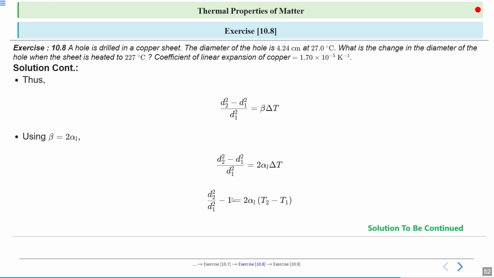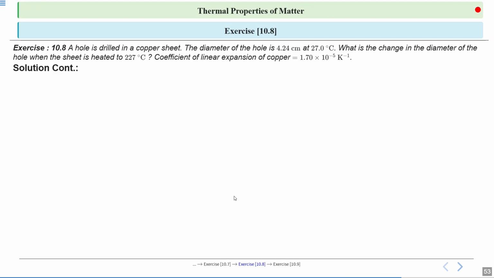So solving for D2, D2 square divided by D1 square equal to 2 alpha L into T2 minus T1 plus 1. So D2 square equal to D1 square into 2 alpha L into T2 minus T1 plus 1.